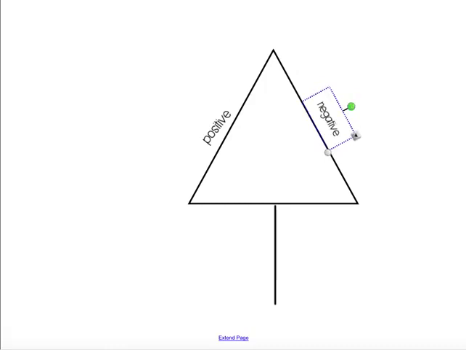Okay, and then this line going this way, 0 or no slope.